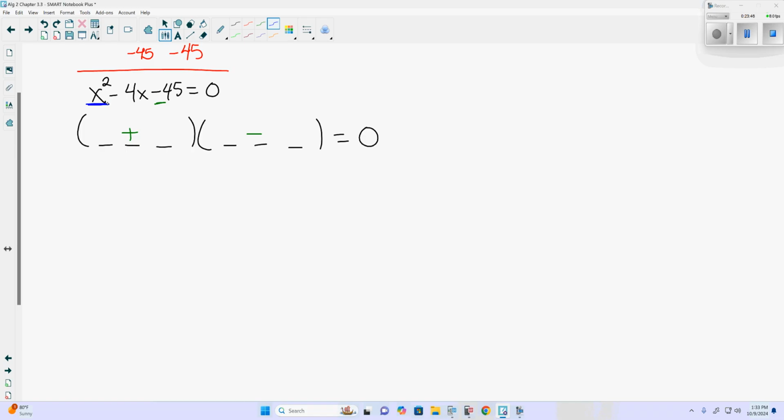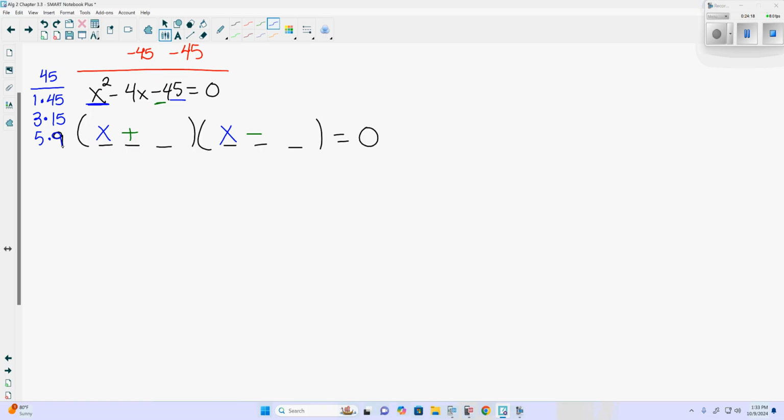Now we need to find the factors of the first and third term. So our factors of x squared are, well, x and x. The only factors we have for x squared. Factors of 45 are 1 and 45. 2 doesn't work, but 3 and 15. 4 is not a factor, but 5 and 9. 6 doesn't work because 2 and 3 don't.